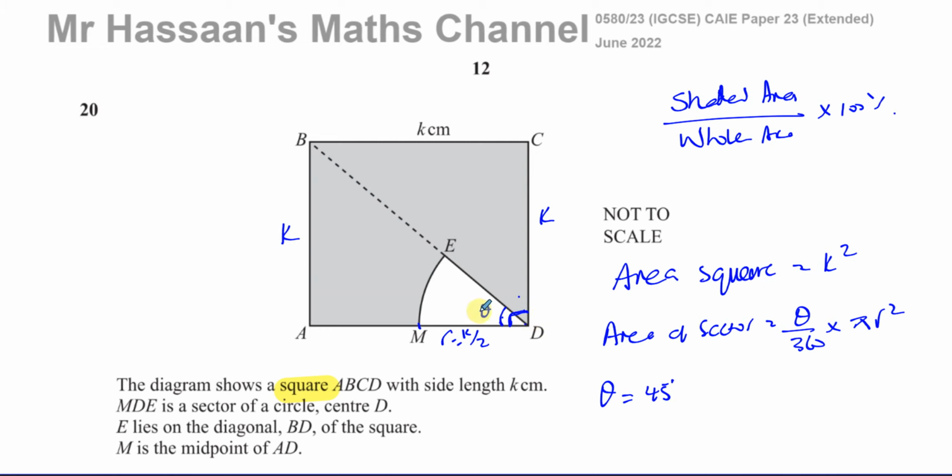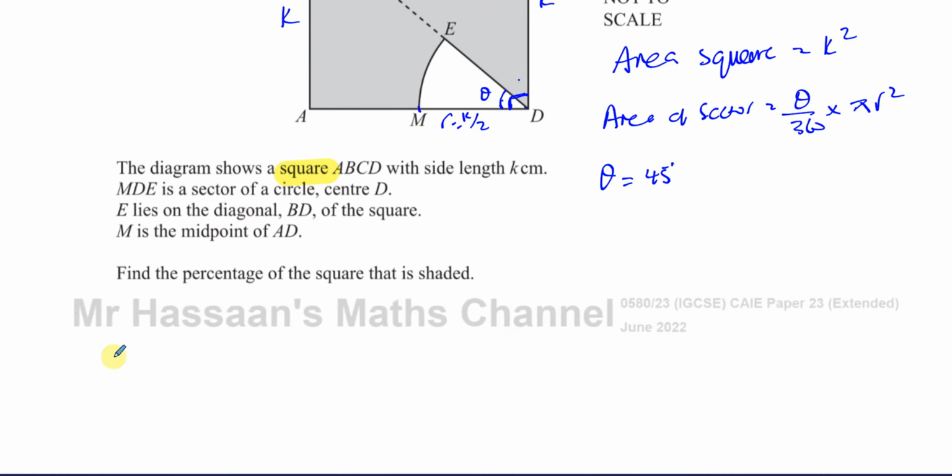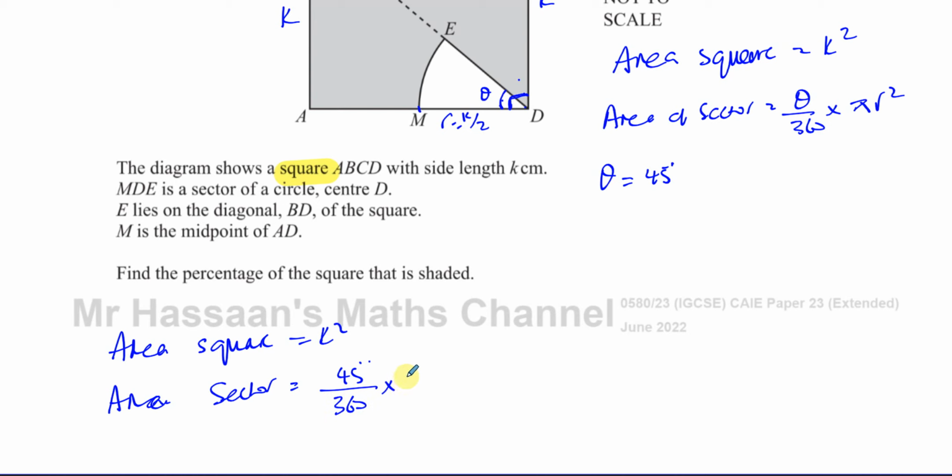So I know the angle, and I know the radius in terms of k, so I can work out the area of the sector. So we know, as I said, the area of the square. That's very easy. It's k squared. And the area of the sector is going to be the angle, which is 45 over 360 times pi times k over 2 all squared, pi r squared. So this gives you 1 over 8.